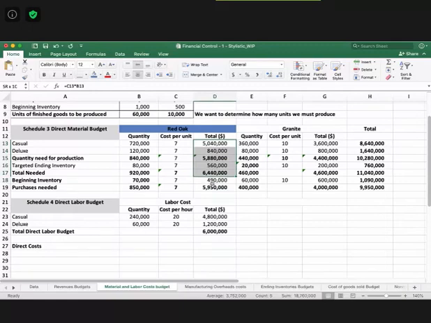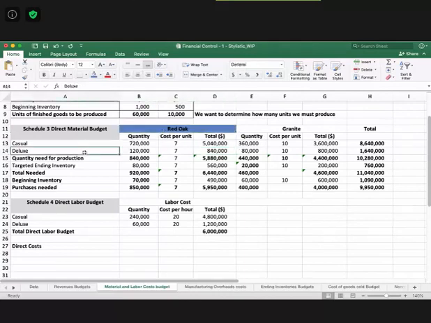So we calculate the total that we need for casual and the total that we need for deluxe. So here, for example, we can see the total amount of red oak that we need to allocate for the casual production, and we also have the total for red oak used to make the deluxe.